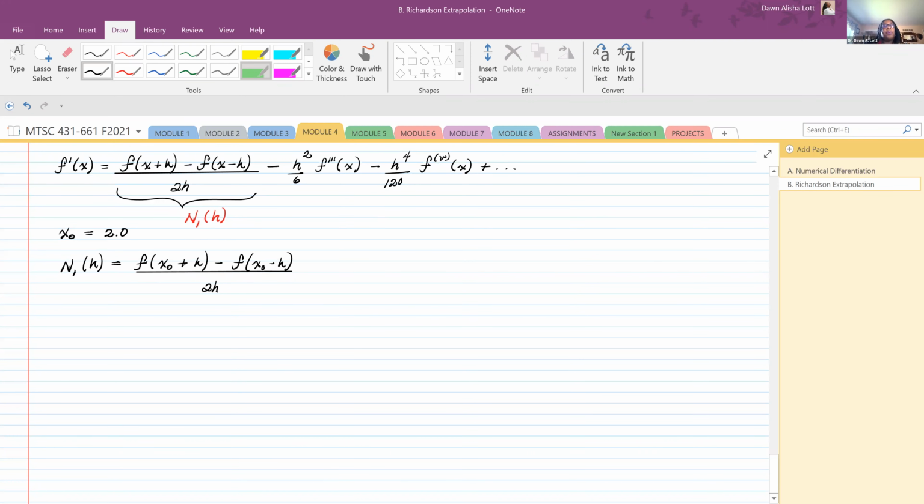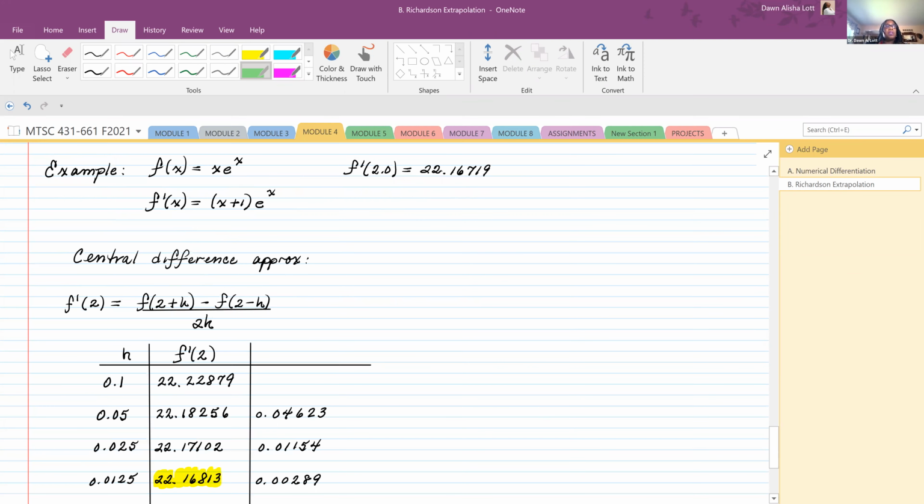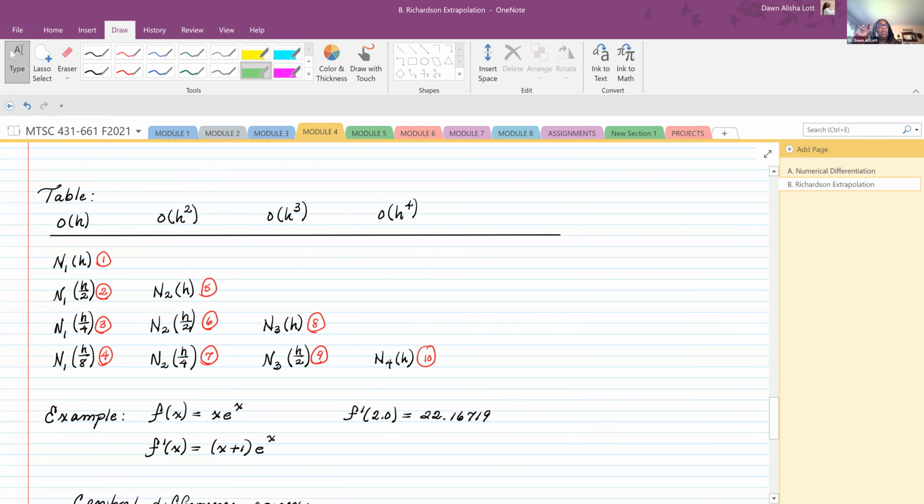Okay, so now we need to find, so let's create our table. We are going to go, this thing skips. So we have N1 of H, N1 of H over 2, and N1 of H over 4.